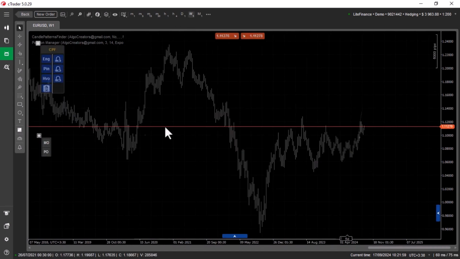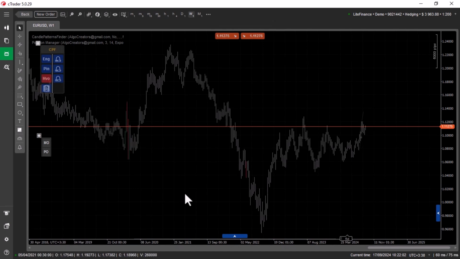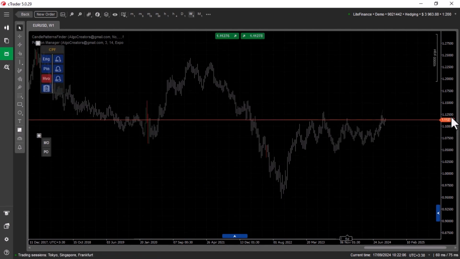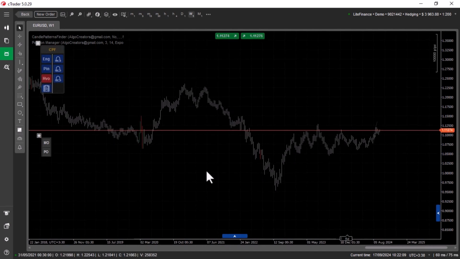Let's go to the weekly time frame on the EUR/USD chart. If we analyze the high volume candles here, we can understand why the price has been stuck in this range for a while.